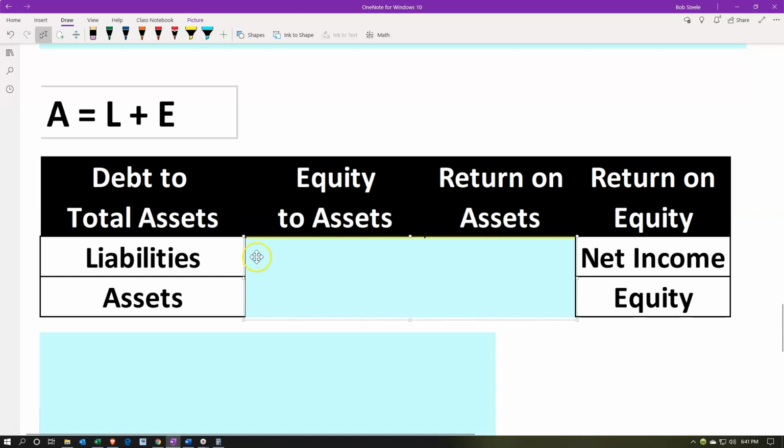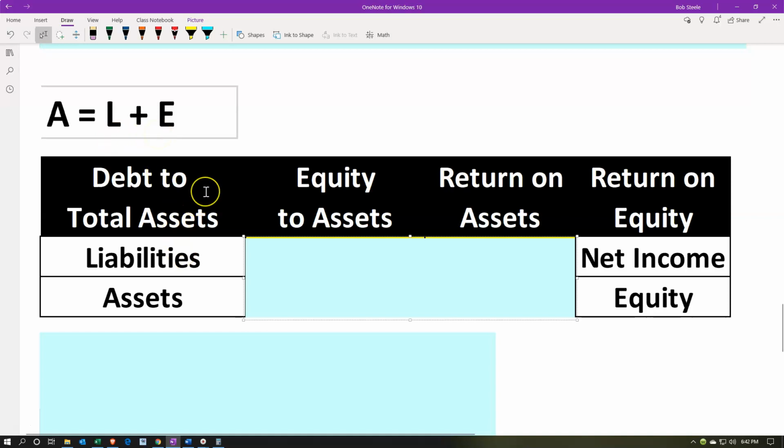What we have is the debt to total assets, which is exactly what it sounds like, debt to assets or liabilities compared to the assets. What we're looking for is something with equity. We want equity involved here. Note that with the accounting equation being assets equal liabilities plus equity, if we know liabilities over assets, then we can take 100 minus whatever that number is to get to the equity over assets.